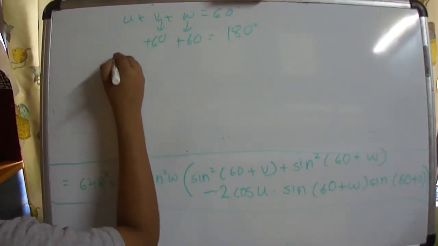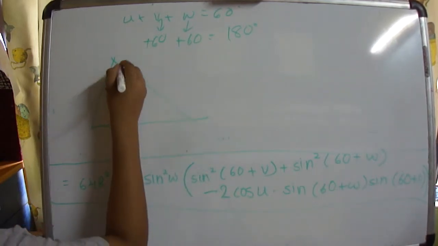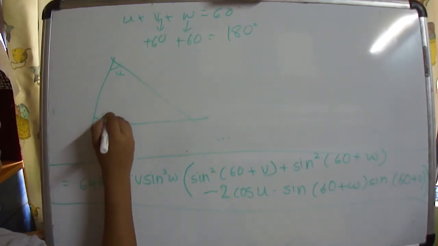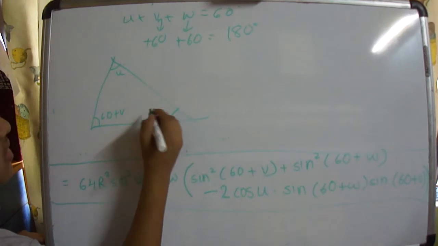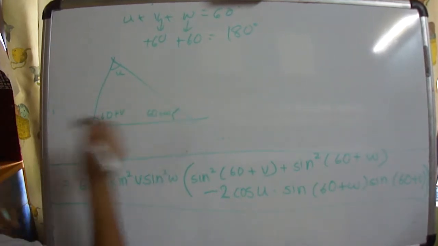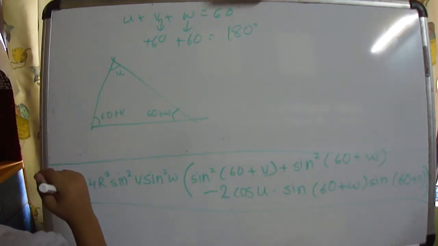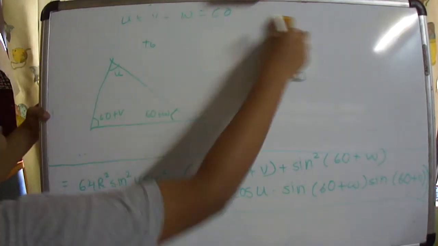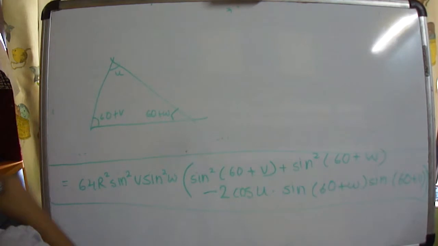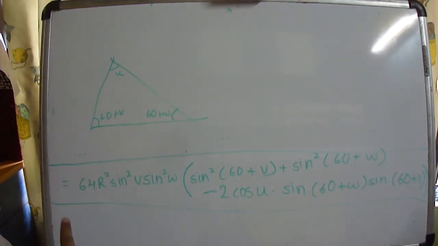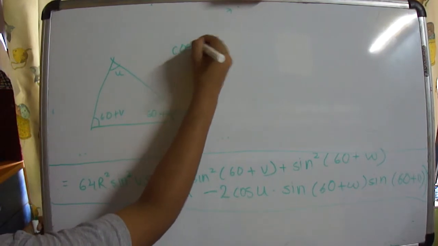So we can have a triangle which has angles U, 60 plus V and 60 plus W. This triangle has nothing to do with the figure, and it's just for our simplification purposes.